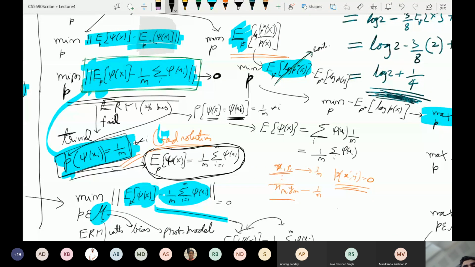Now, if this has a solution, I don't need to solve this optimization problem, because I already know the optimal value of this optimization problem is 0, since I can find a solution for an exact match. So why should I look for any other match? Correct?